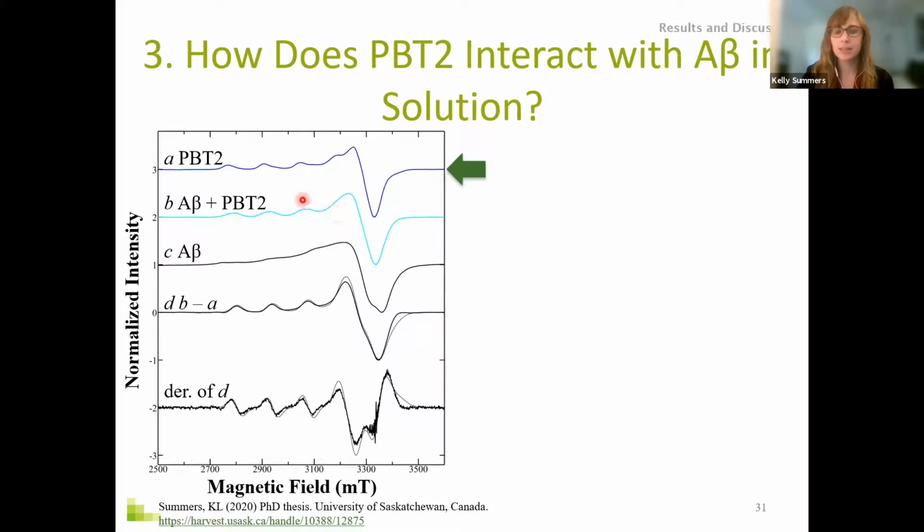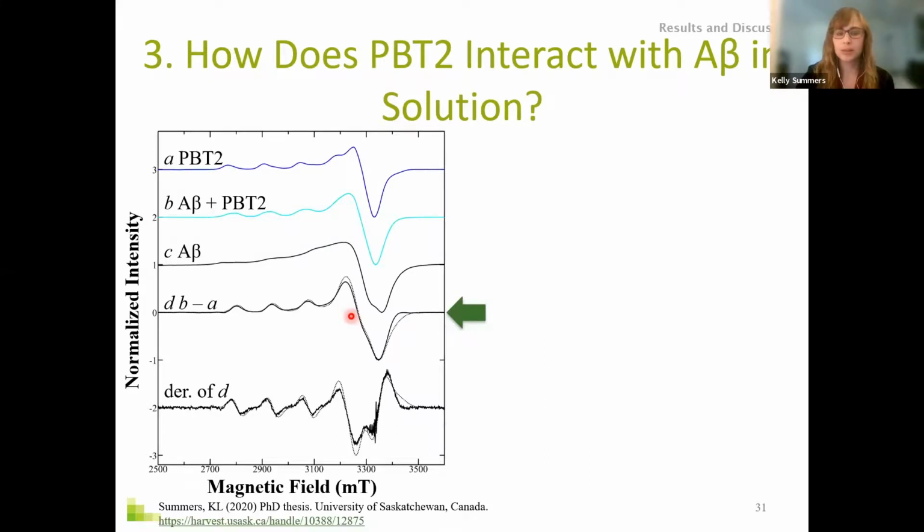And so the spectrum of our mixture does not look identical to PBT2, so we could see fairly clearly that PBT2 hadn't sequestered all of the copper. And so we subtracted PBT2 out of our mixture of amyloid beta plus PBT2, and we got this spectrum that looks essentially like one single species in solution.